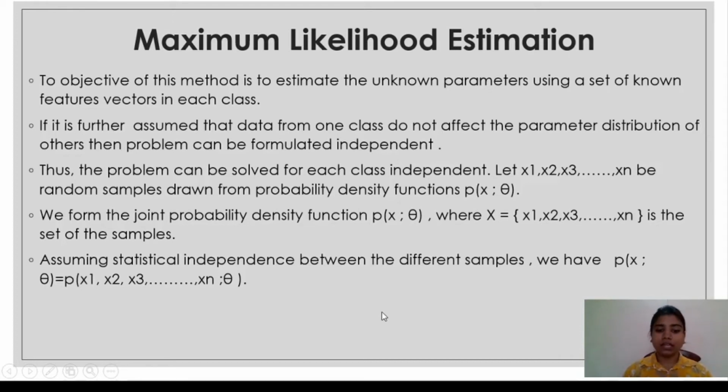Assuming statistical independence between different samples, we have probability of X given theta, that is, p of x1, x2, x3 up to xn given theta.